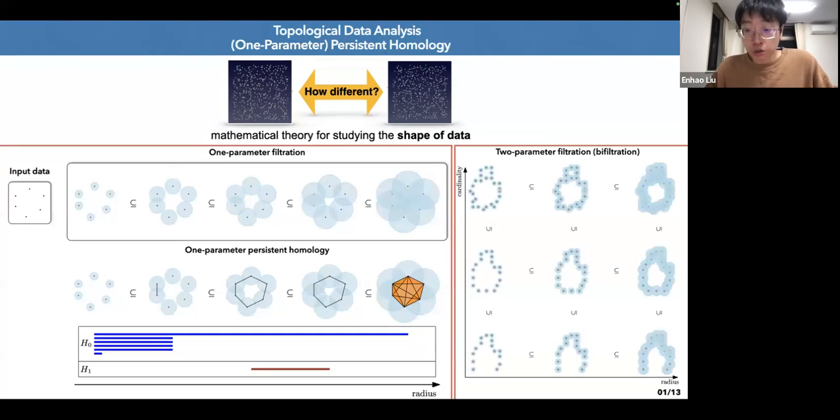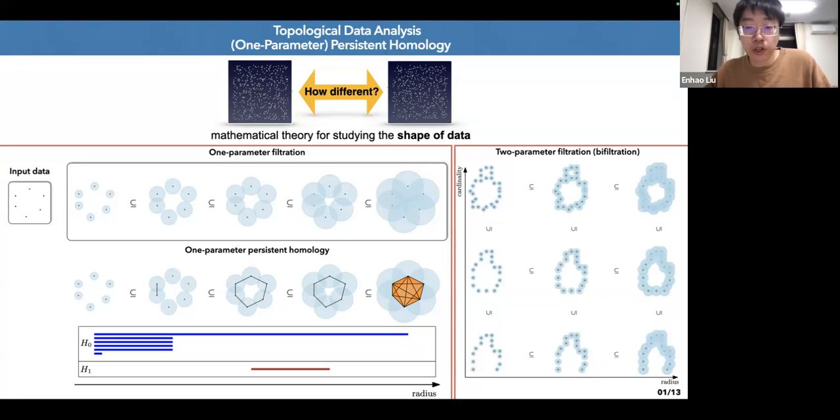In practice, we will also encounter such two-parameter filtrations, which we call bifiltrations. As you can see, now the filtration is controlled by multiple parameters. Like in this figure, it is controlled by the radius parameter horizontally, and vertically it is controlled by the cardinality or the density of the points.